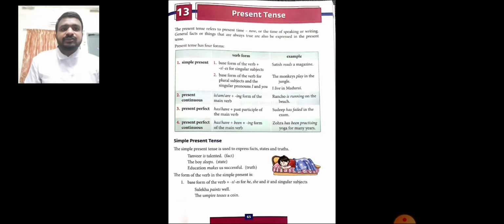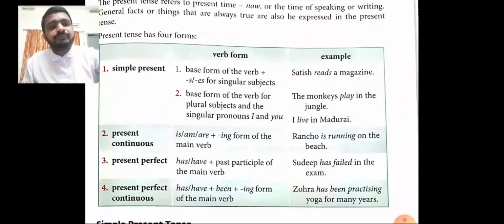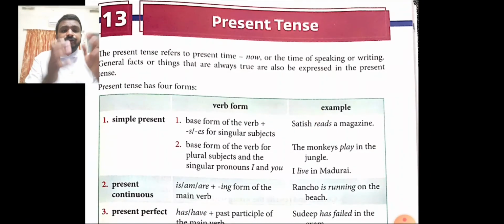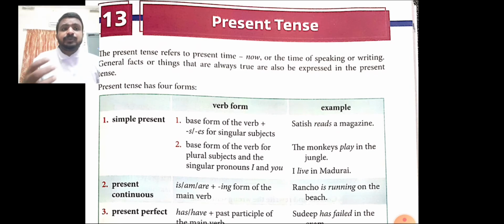Before entering, as an introduction, as you might have studied previously, the present tense always refers to present time, as you can see in your textbook. Now, or the time of speaking or writing. Suppose now I deliver the class to you.